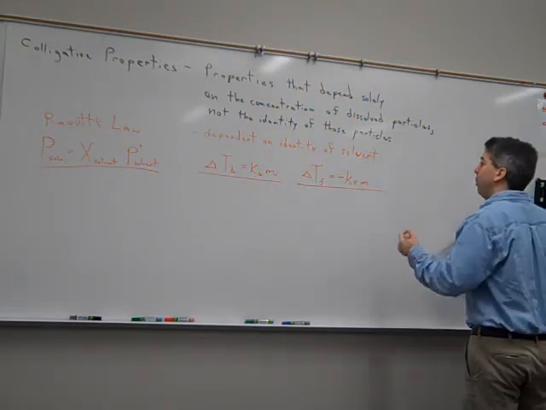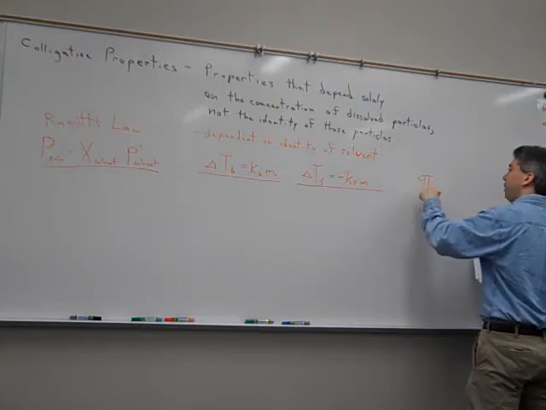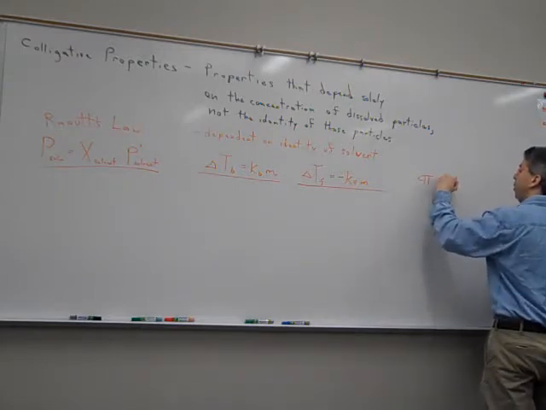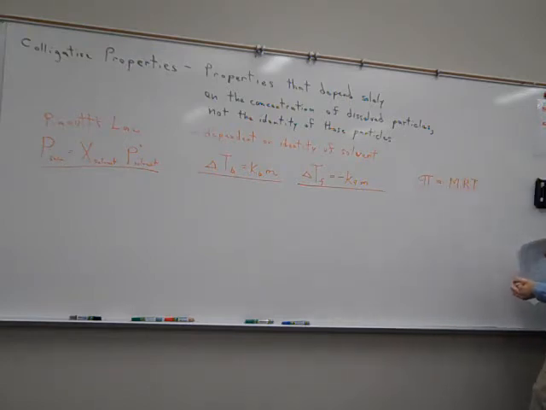And then the last one is osmotic pressure, which is sometimes listed as a pi symbol. Osmotic pressure is equal to the molarity times RT. This is in fact the same formula as the ideal gas law.